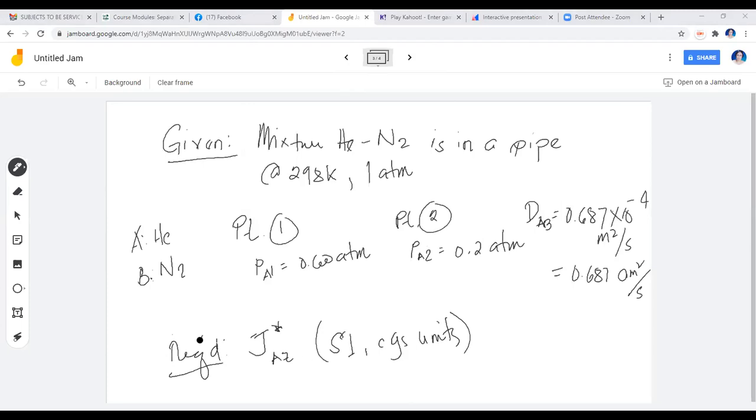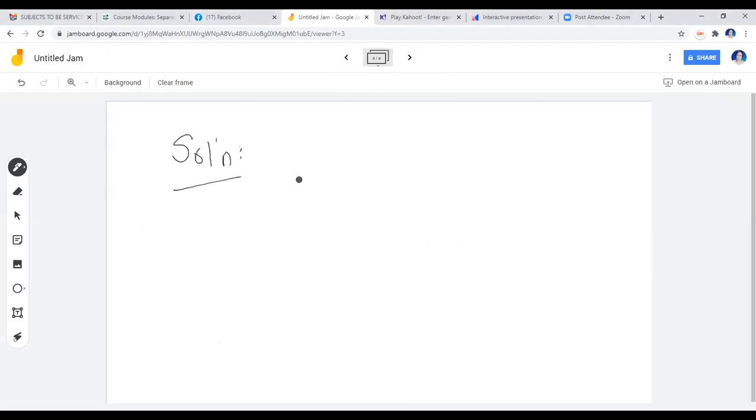So Fick's law is given as J_A,z equals negative D_AB dC_A/dz. Now that's a differential equation.